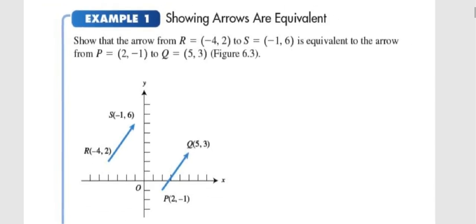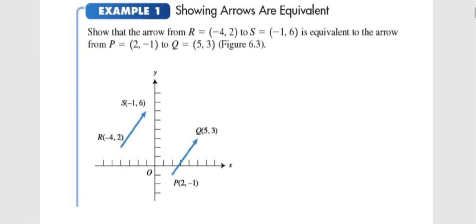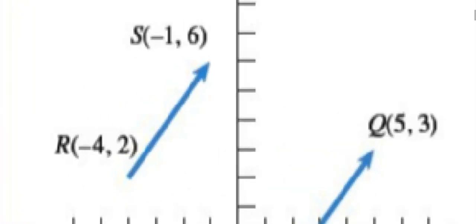Okay. Example 1, show that the arrow from R (-4, 2) to S (-1, 6) is equivalent to the arrow from P (2, -1) to Q (5, 3). Okay, now, the question behind me was, can we just do slope? I don't know.